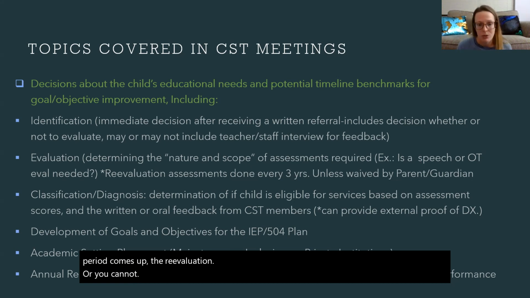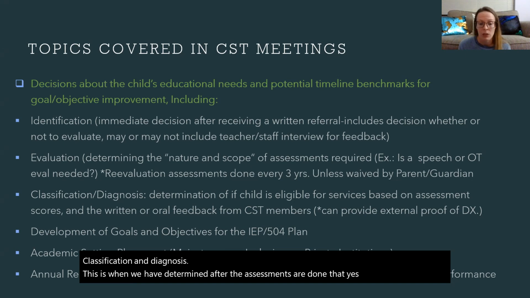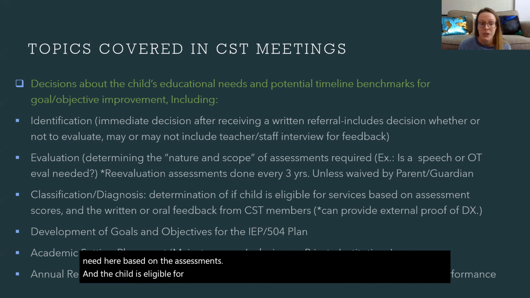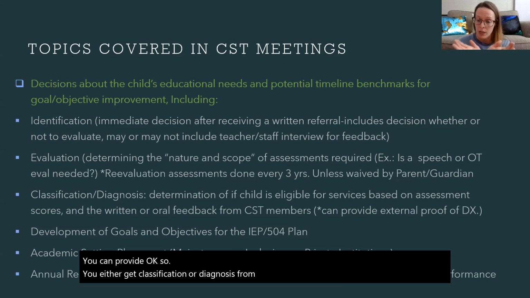Classification and diagnosis. This is when we have determined after the assessments are done that yes, there is a level of need here based on the assessments, and the child is eligible for services. And you either get classification or diagnosis from the evaluations that the school does.